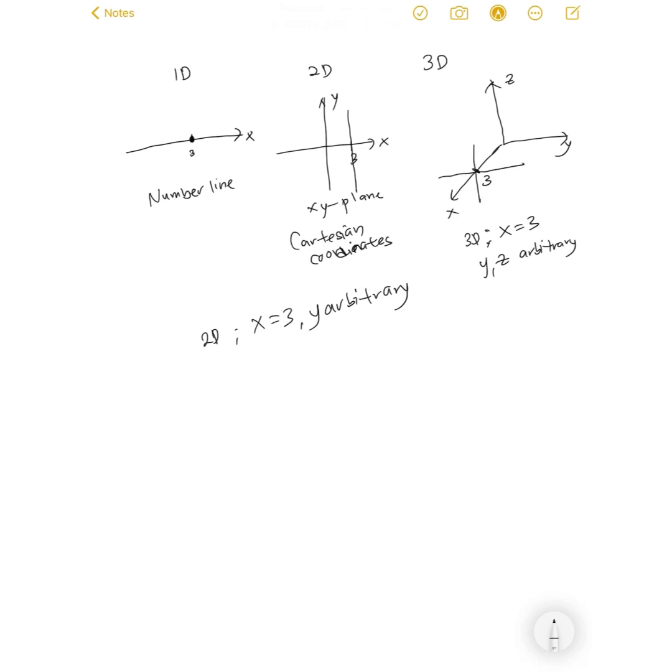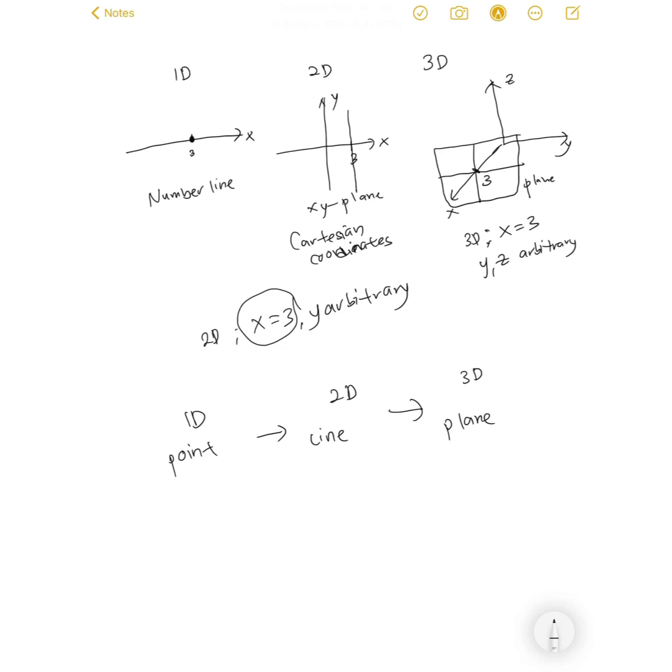So what you have is actually a plane. So in a one-dimensional coordinate system, you will have a point. In a two-dimensional coordinate system, you will have a line, whereas in a three-dimensional coordinate system, you will have a plane for the same function x equals 3.